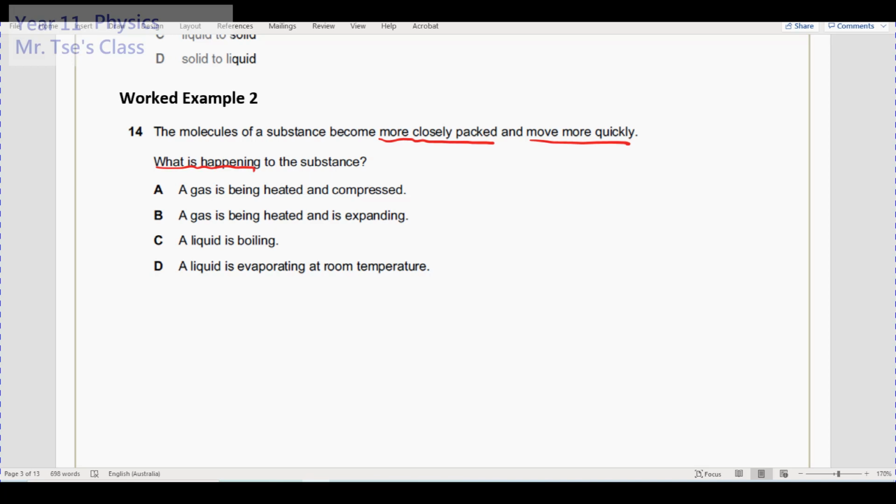Being heated, we understand you give it more energy, so the molecules move faster. But how about compress? Compress means your volume tends to be lower. Another word to describe closely packed is denser.